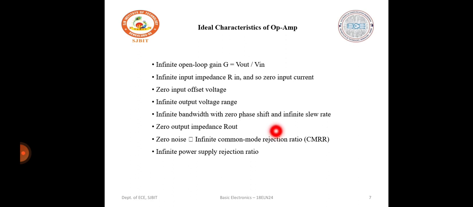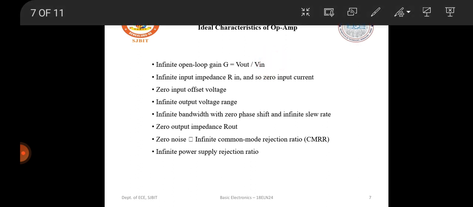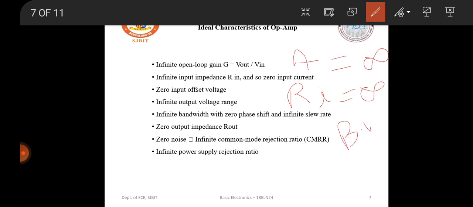So this is about the ideal characteristics of an operational amplifier. Always remember that the open loop gain A should be equal to infinity. Input impedance Ri should be equal to infinity, and the bandwidth should be equal to infinity.